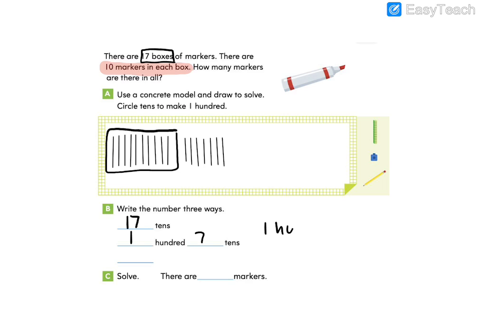So again, we can think about our 100 is equal to 100, and 7 tens is equal to 70. So when we add these together, we know that we have a total of 170. So how many markers are there? 170 markers.